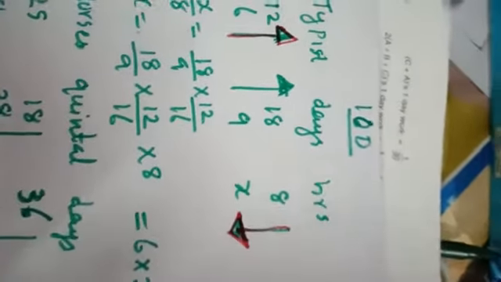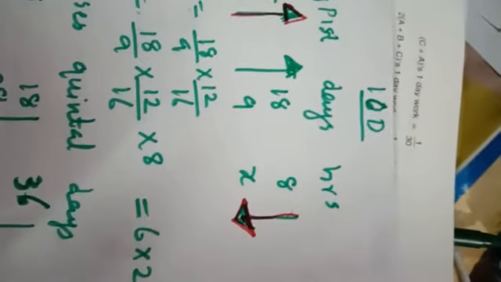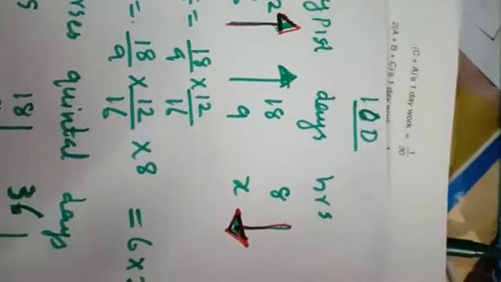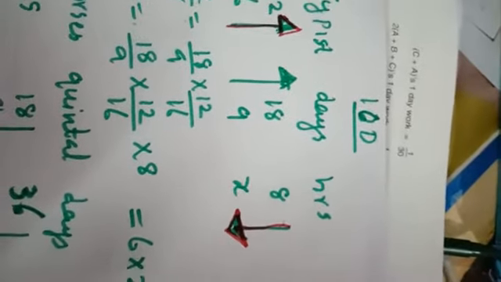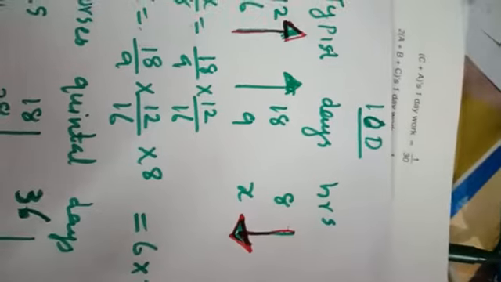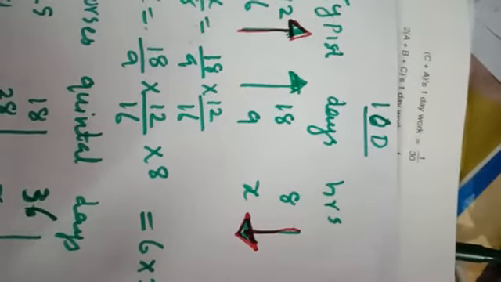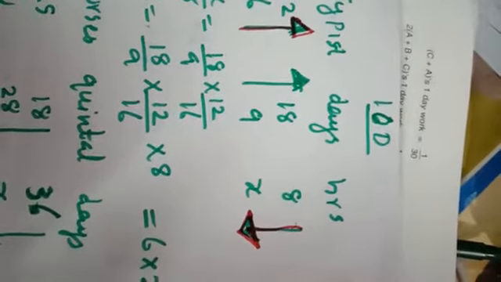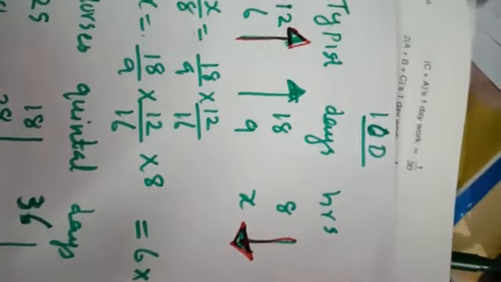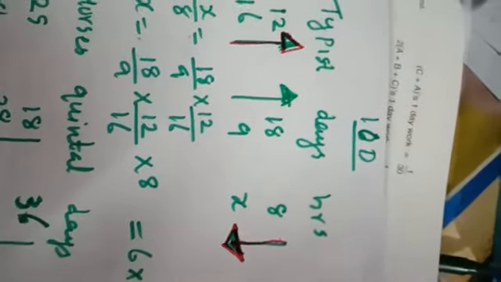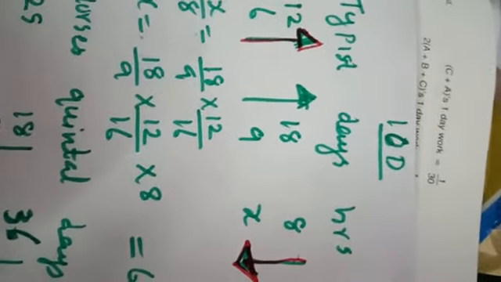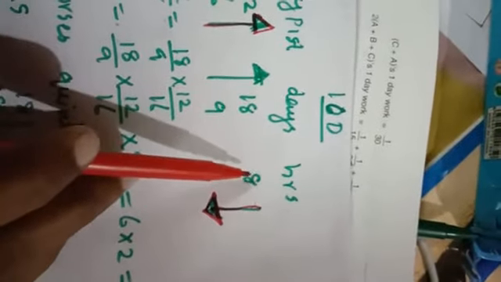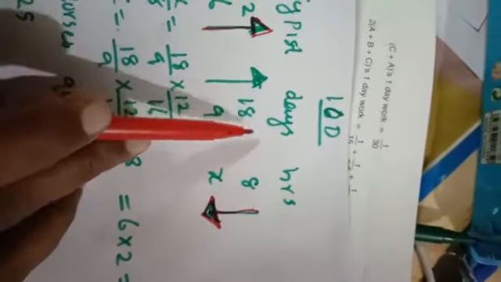Every day they are working, per day they are working 8 hours. So here the typists work daily 8 hours to finish the work in 18 days.